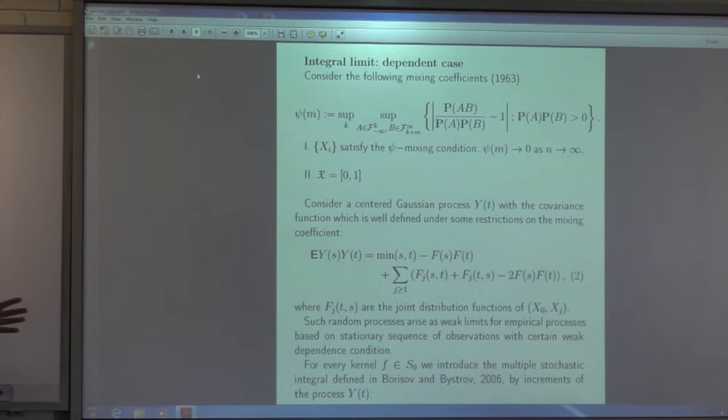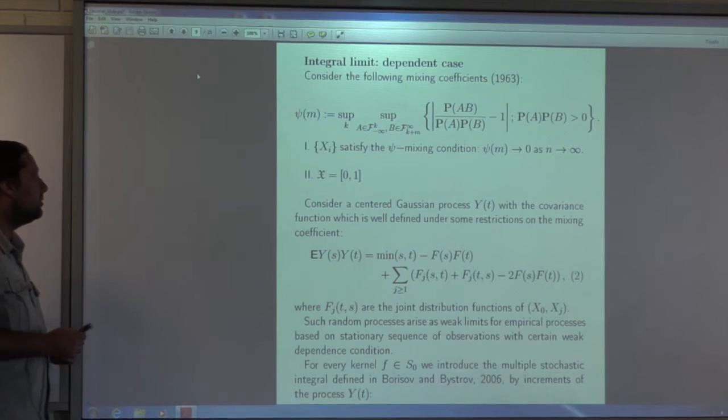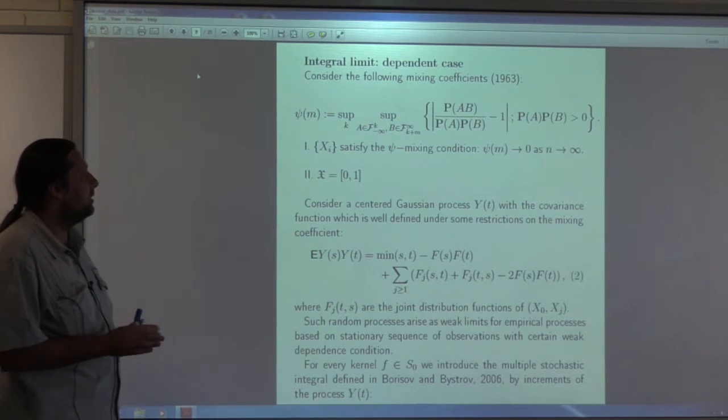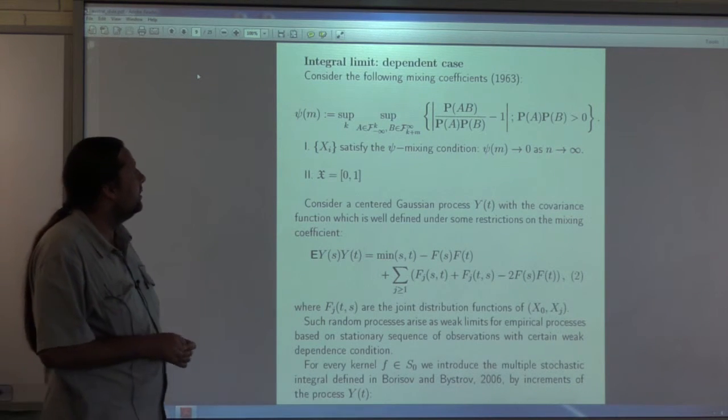We are also interested in the weakly dependent case. Throughout my talk, I mentioned different weak dependency conditions of mixing type. I will not explain in detail what they are and how they differ from each other.